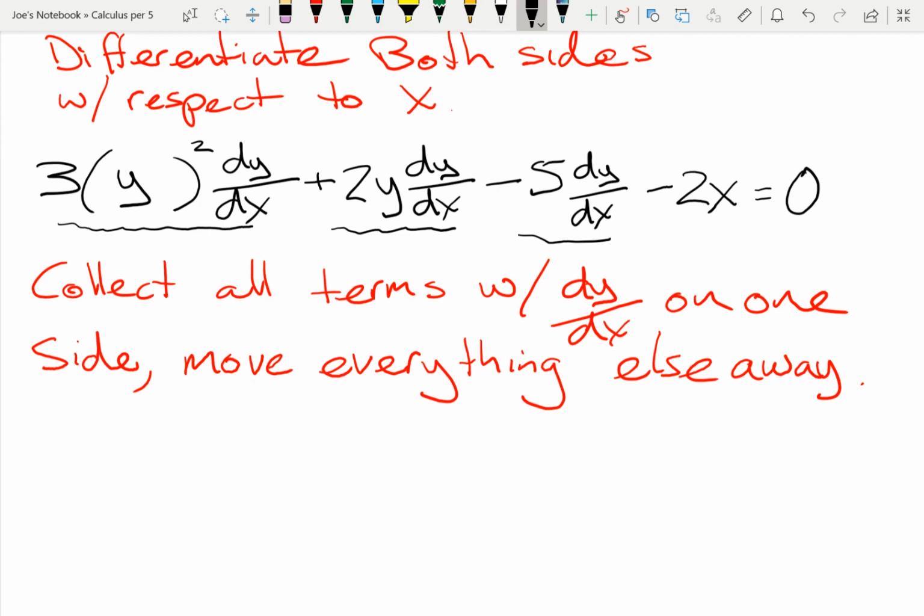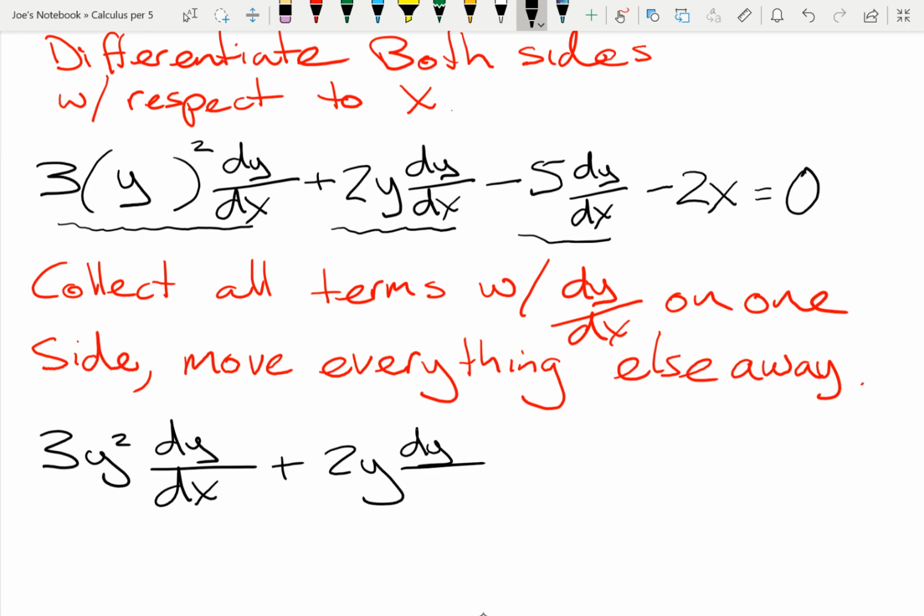So in this case we've got 3y squared dy/dx plus 2y dy/dx minus 5 dy/dx equals a positive 2x.